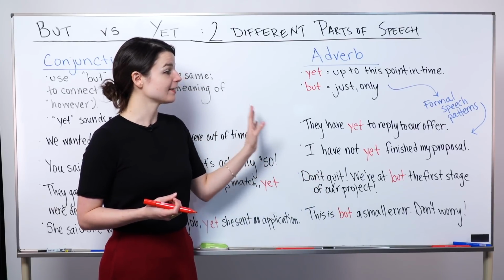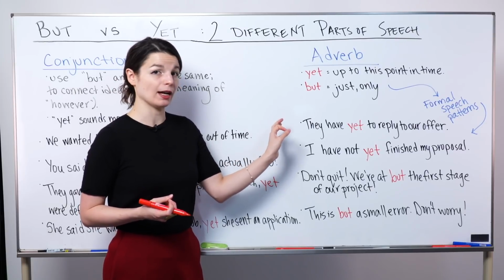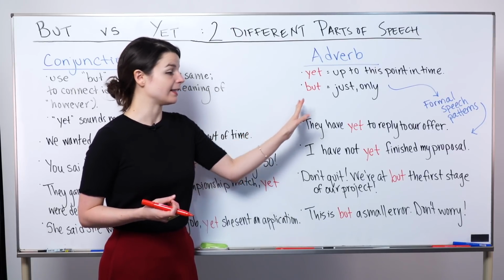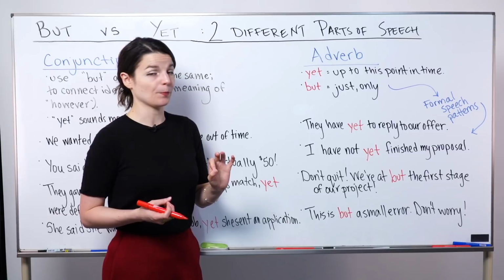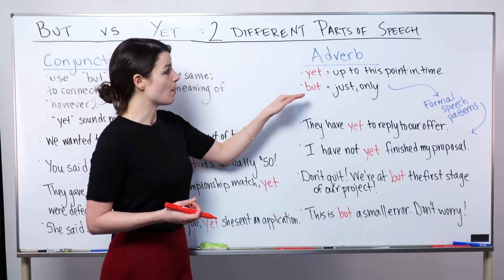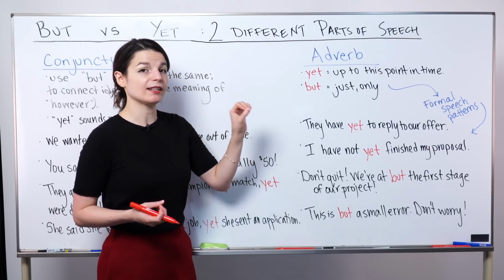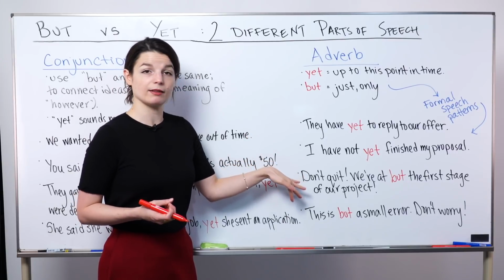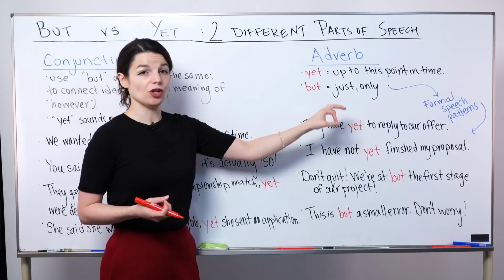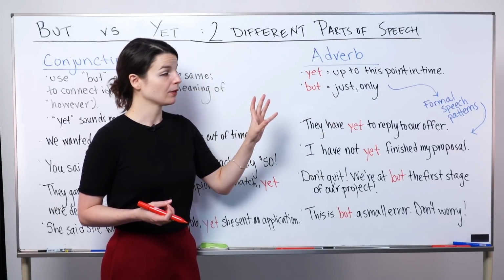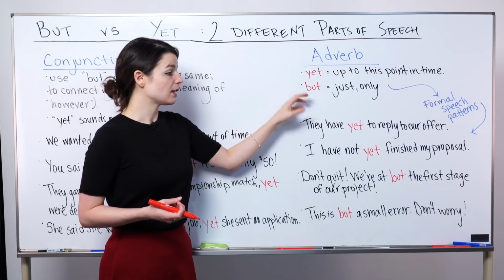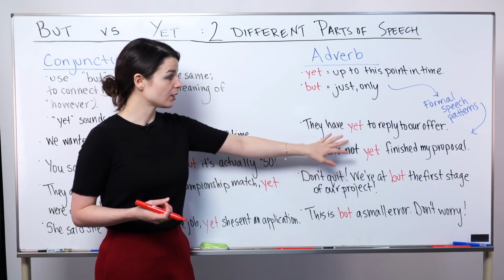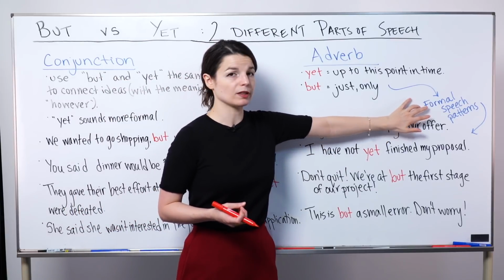We can kind of see this in the same way when we're using yet in these example sentences. I'll show you. Compare this to but. When we use but as an adverb, as you'll see in some examples, it means just or only. I also want to note with these speech patterns that I'm going to introduce, these are formal speech patterns.